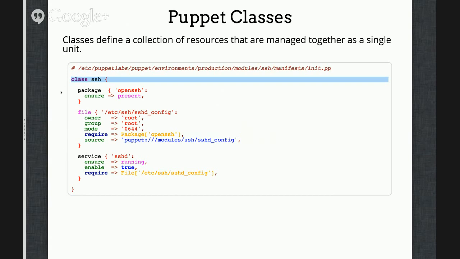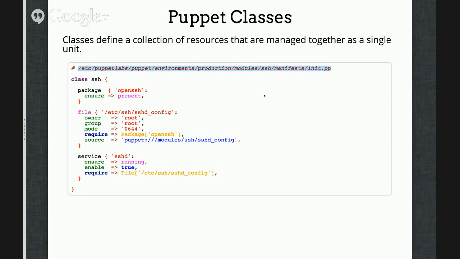The way that we do this is we put all of these classes into things called manifests. So we've got resources, which get wrapped into classes, which get wrapped into manifests on top there. Here's a little example of a manifest path.